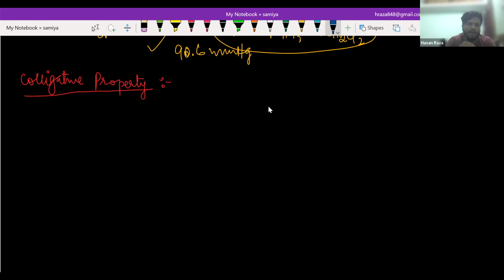Colligative property does not depend on the nature, it depends on the number. So I'm going to define it.